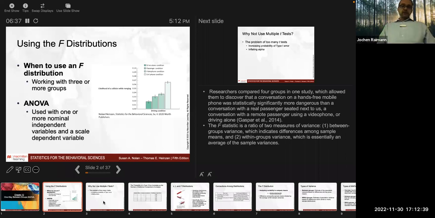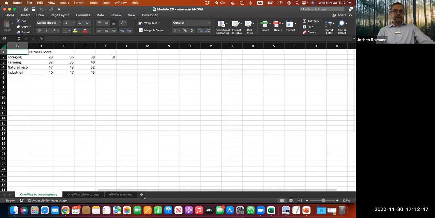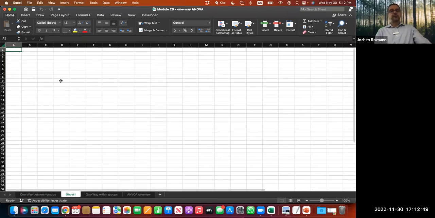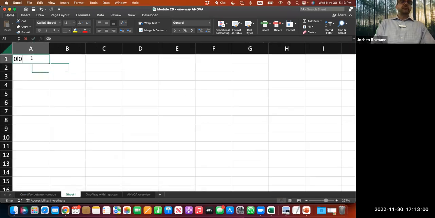So what happens if you do that? You're essentially creating a risk that is essentially 0.05 each time. So it's 0.05, 0.05 each time.